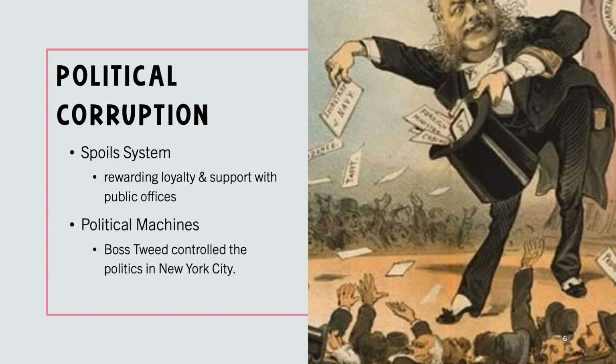This led to the rise of political machines, like the one controlled by Boss Tweed, who had New York City politics under his controlling hand. Here, government officials were only looking out for their own interests when creating policy and laws, and no one was looking out for the interests of the general public. Political corruption almost always led to greater social and economic struggles for the masses.